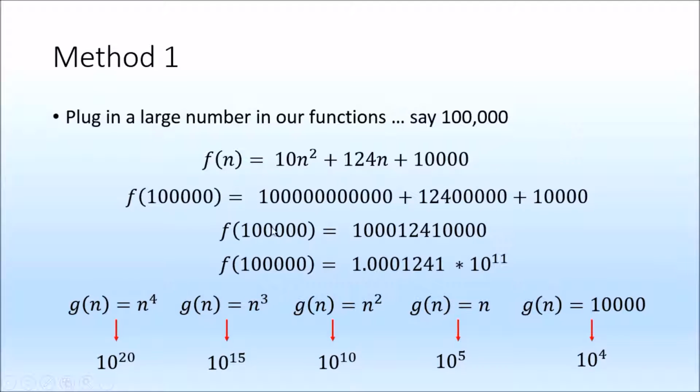If I plug in 100,000 into this function, I get this large number, and if I plug in 100,000 into these functions, I get 10 to the power 20, 10 to the power 15, 10 to the power 10, 10 to the power 5, and 10 to the power 4. So, which one is this number closest to? Well, with some analysis, you can find that this number ends up being closest to n squared, which is our answer. So, this is one very viable method of solving this problem, even though it's not very formal. It's a little bit of a guess-and-check kind of method, but it still works.